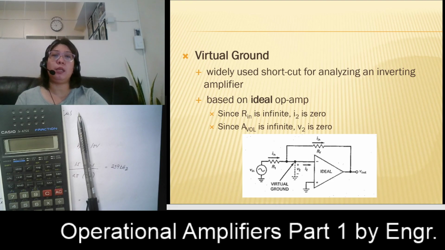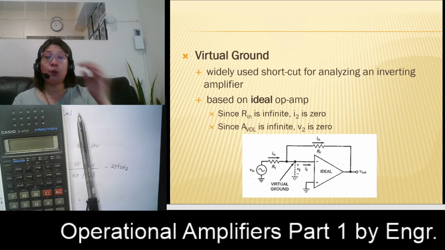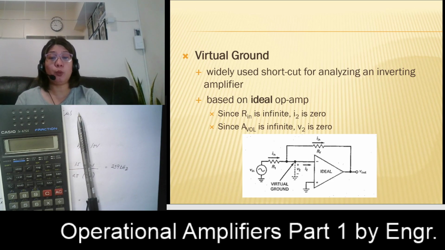If our Vin is equal to zero, then we assume this is equivalent to zero. This is our basis for our virtual ground here. We assume that no current will enter the operational amplifier, and at the same time, the input voltage to the operational amplifier will also be equal to zero.